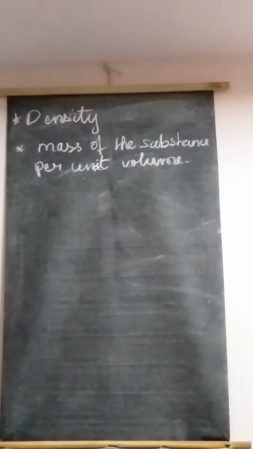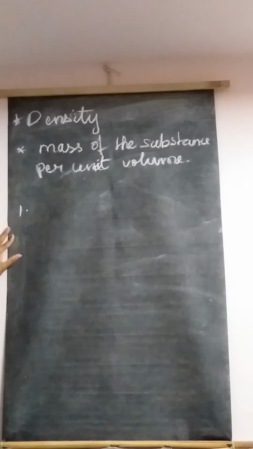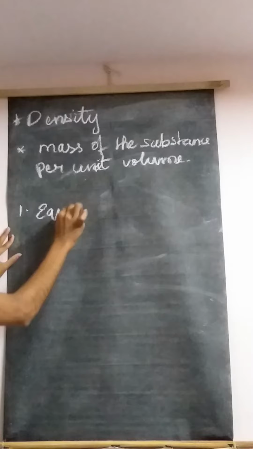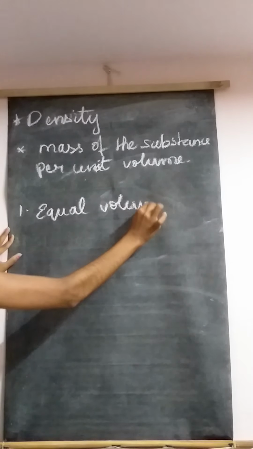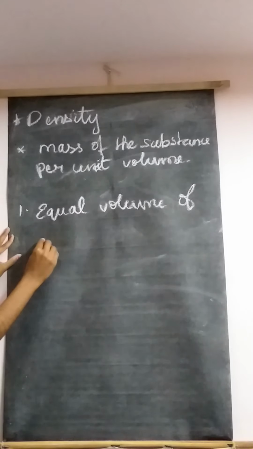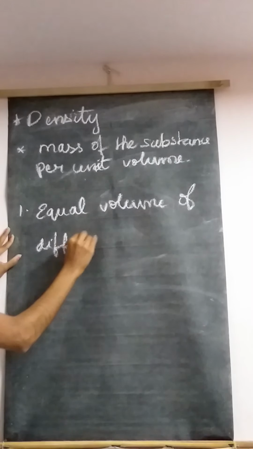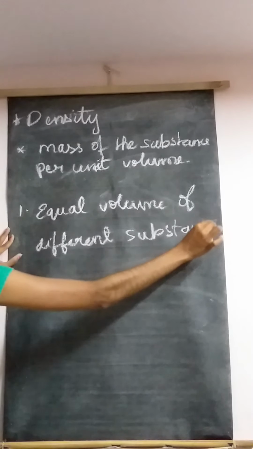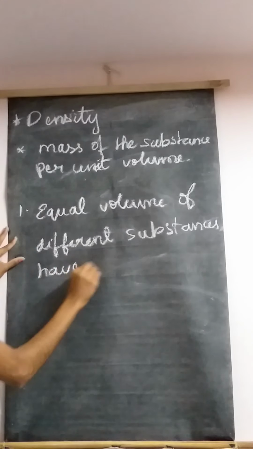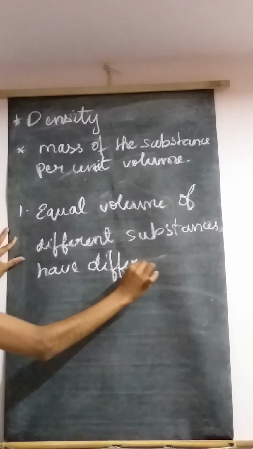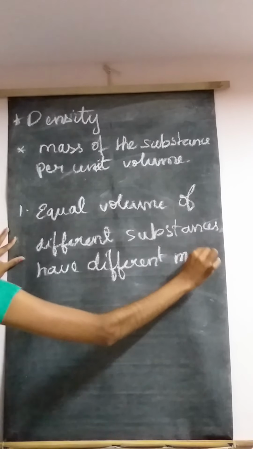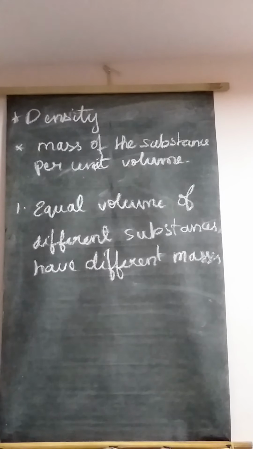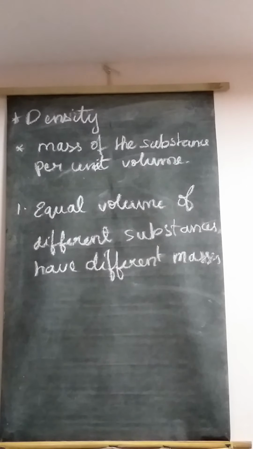Now there are two types of comparisons. The first one is: equal volumes of different substances have different masses. What does this mean?